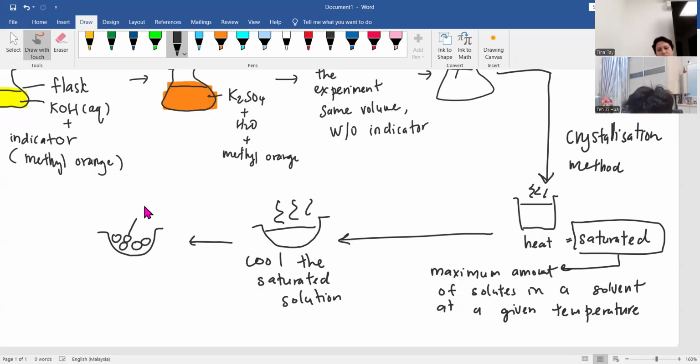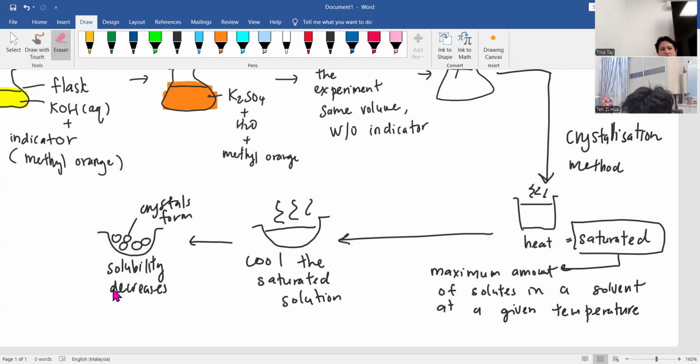So crystals form because solubility decreases when temperature decreases.